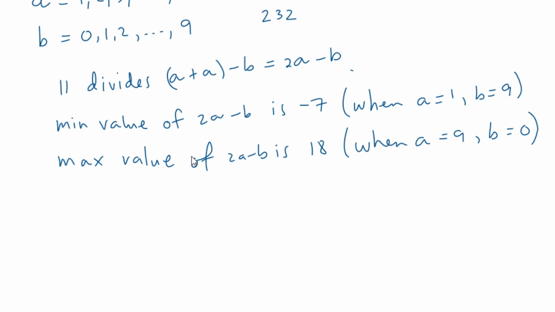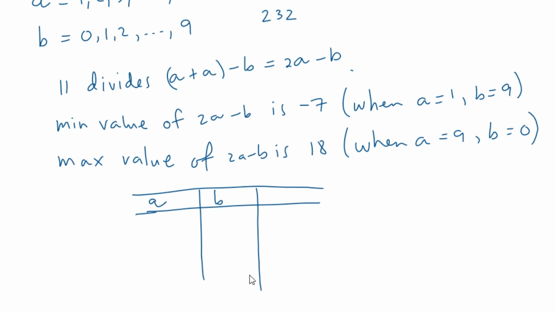Okay, so let's make a table for that, though it's not necessary. So this is A, B, 2A minus B.